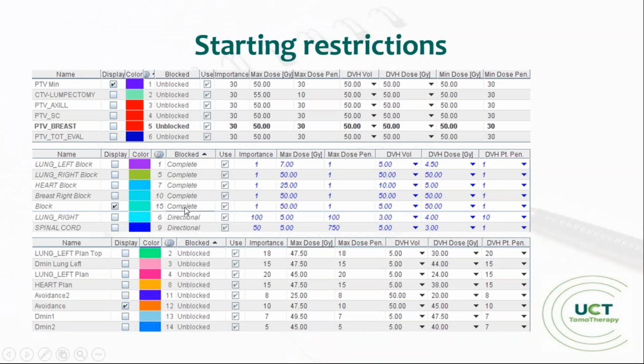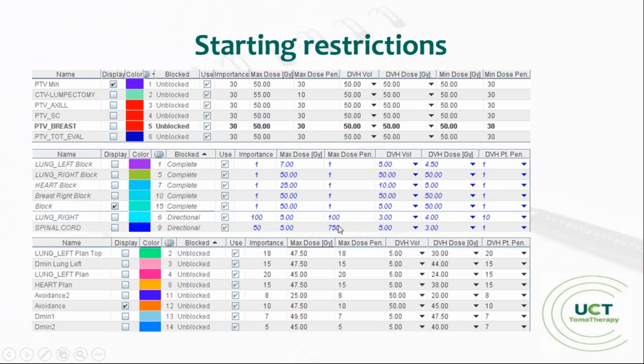Then for completely blocked structures, I use importance 1 because we can't do anything in these structures. We already blocked them, so we do not need to optimize in those volumes. But for directionally blocked structures, I put some importance, and I put very high max dose penalties.